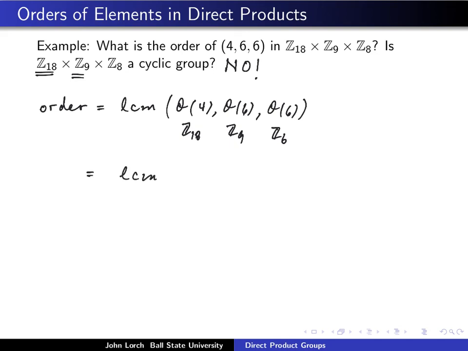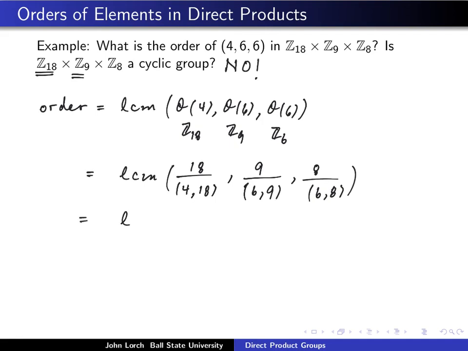Back in section 4, we learned how to take orders of elements in these modular integer groups. So in particular, if I want the order of 4 in Z18, I take 18 and divide it by the greatest common divisor of 4 and 18. For the second one, I take 9 divided by the greatest common divisor of 6 and 9. And finally, for the third, I take 8 divided by the greatest common divisor of 6 and 8.